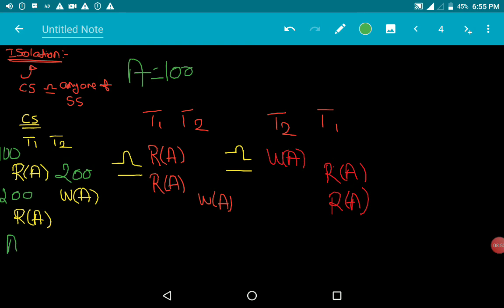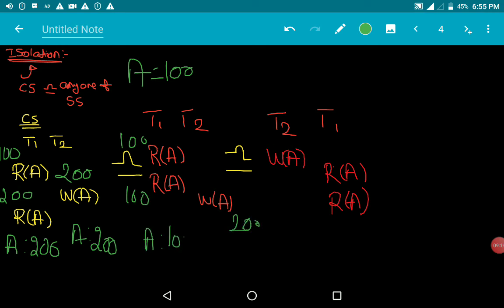Therefore, the final value of A for transaction T1 is 200. The final value of A for transaction T2 is 200 in the concurrent schedule. In one serial schedule the final value of A is 100, in the other the final value of A is 200.